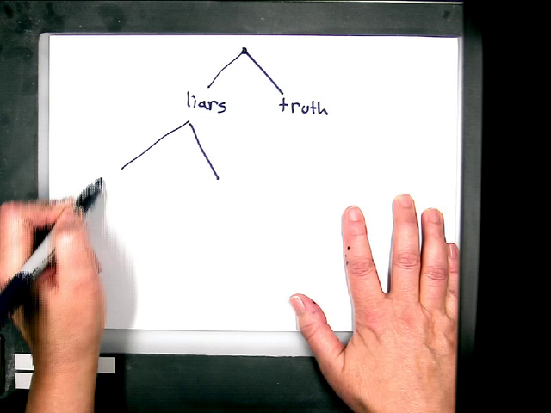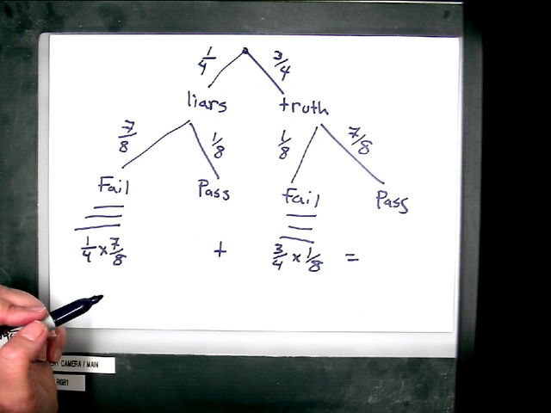And so here's where we have somebody failing the test. That's 1/4 times 7/8 plus 3/4 times 1/8. And that's the chance someone fails a test. It's a mix of liars who are failing a lot of the time and truth tellers who are failing occasionally. More interesting is, what's the chance you're a truth teller given you failed the test?